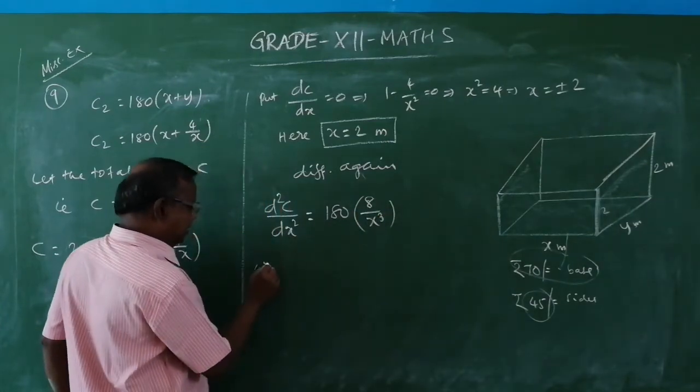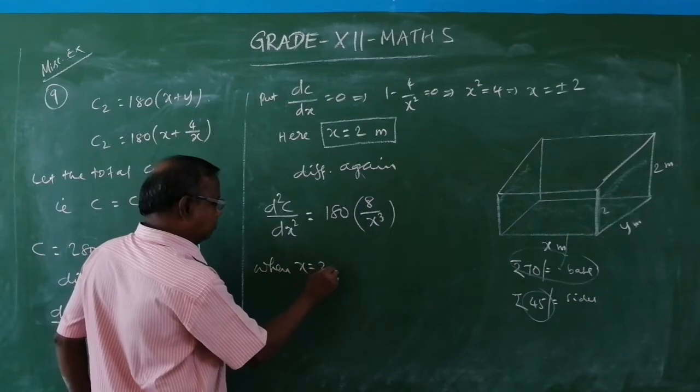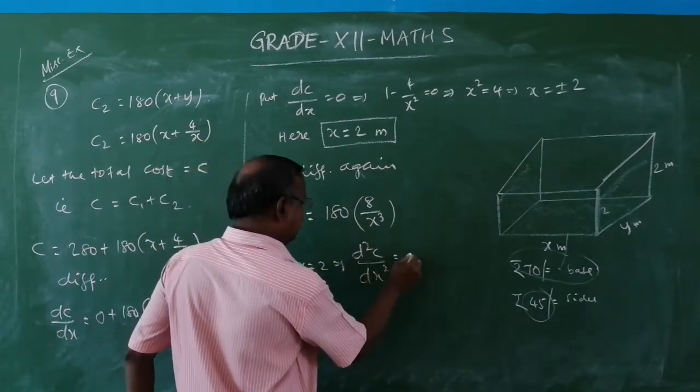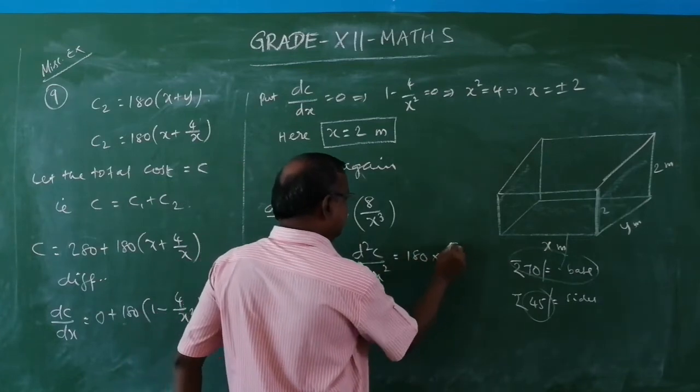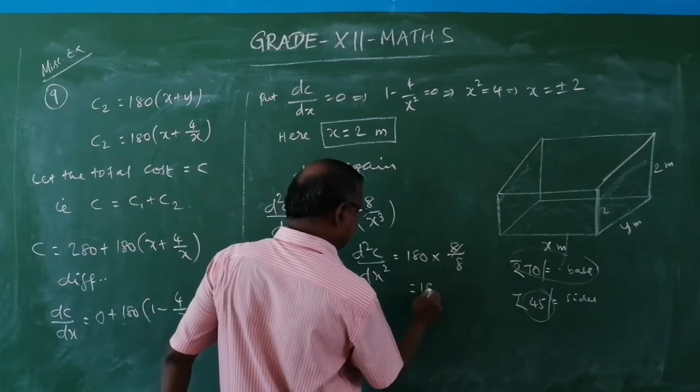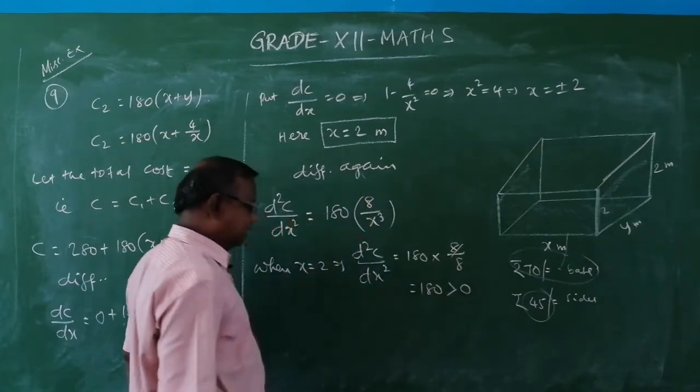Now when x equal to 2, we have d square c by dx square equal to 180 into 8 by 2 cube, means 8. So equal to 180, which is a positive quantity greater than 0.